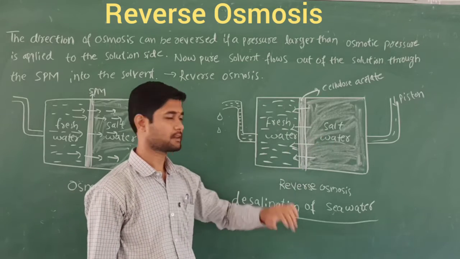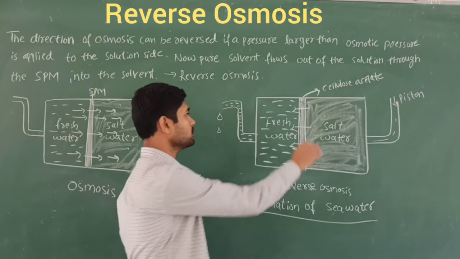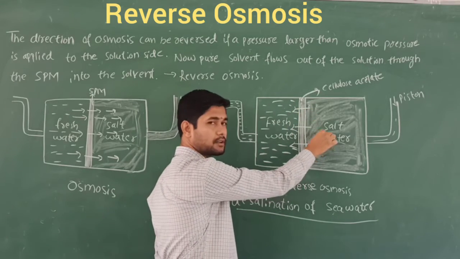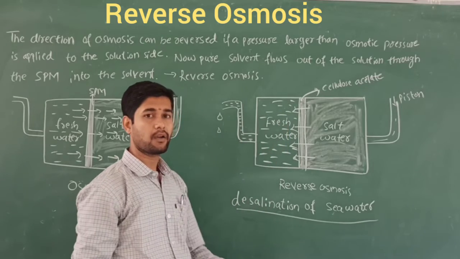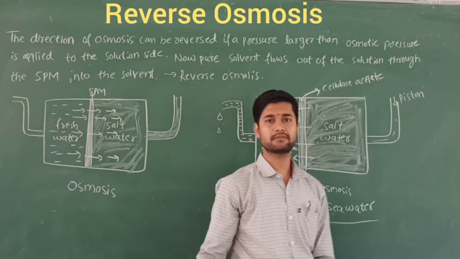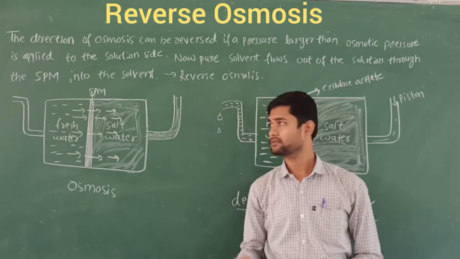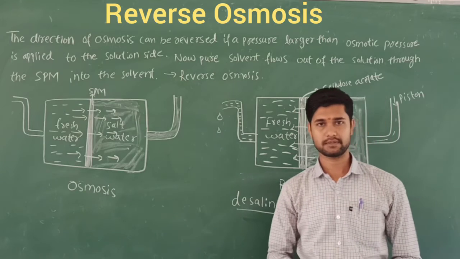That is called desalination of seawater. So it only allows the water from the seawater, but does not allow the ions or impurities present in it. This is the same thing you see in your home, the RO aqua filter. So this is called reverse osmosis.